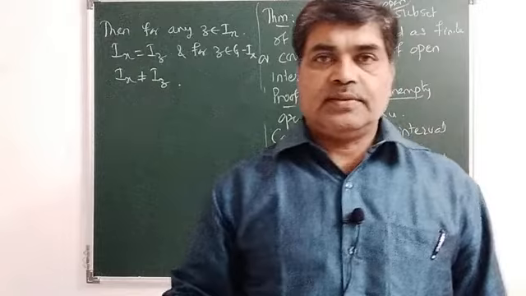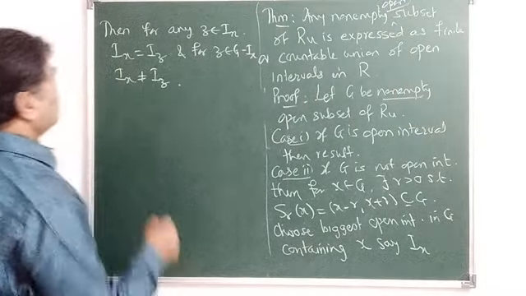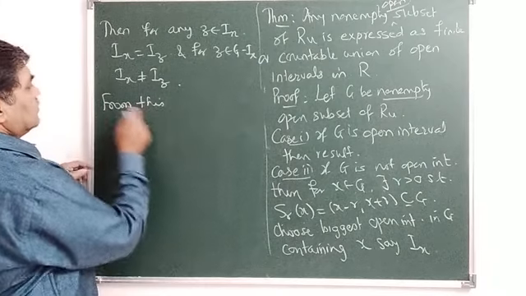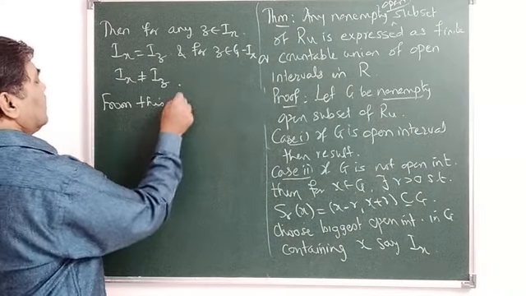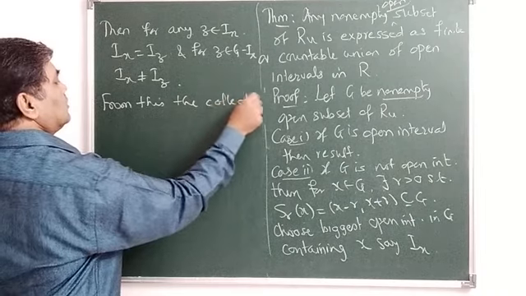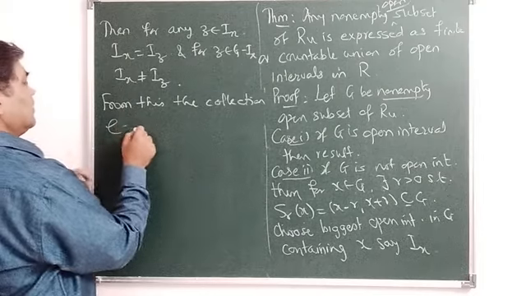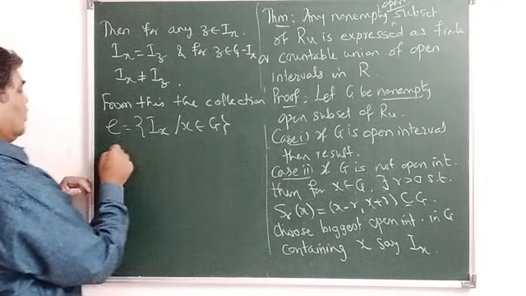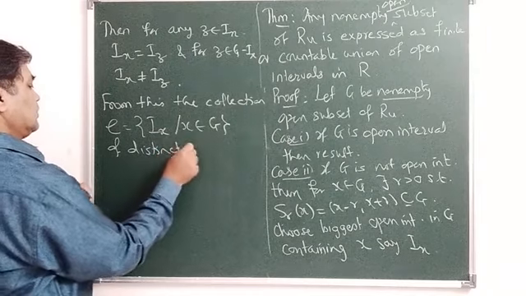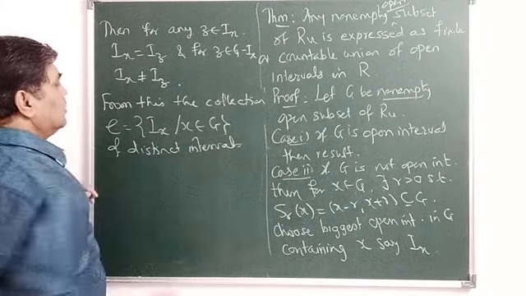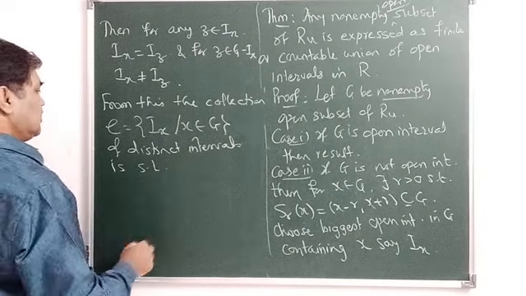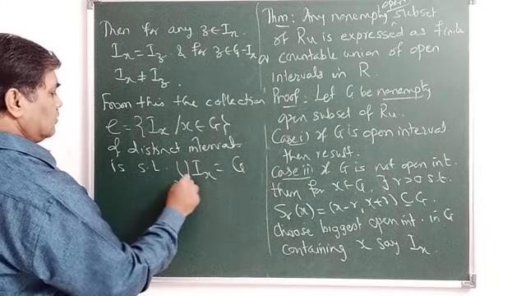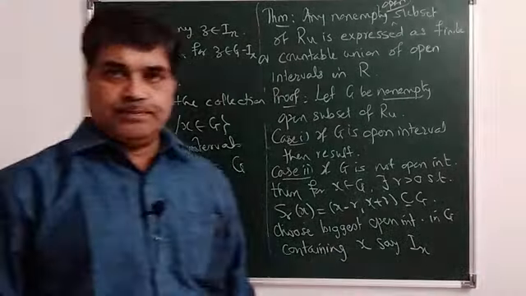So from this, the collection C equal to Ix, where x belongs to G, of distinct intervals is such that the union of Ix must be equal to G. It is possible.